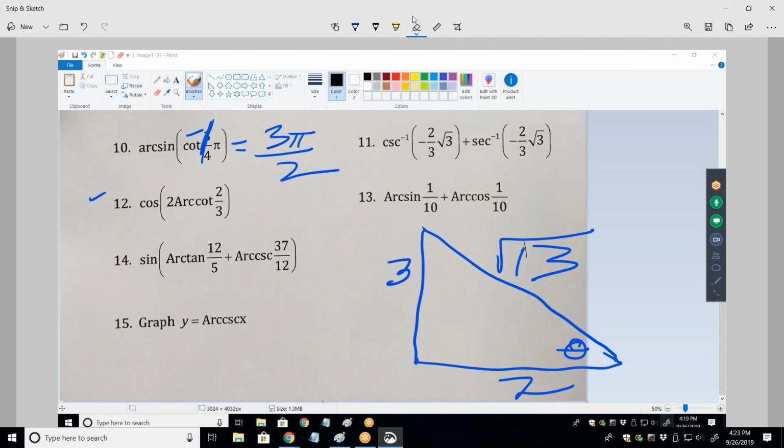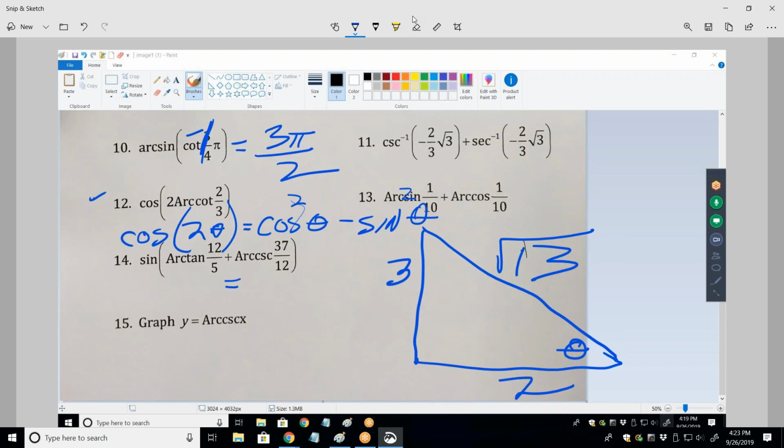What do we really have here? We have the cosine of 2 theta, which is equal to cosine squared of theta minus sine squared of theta.